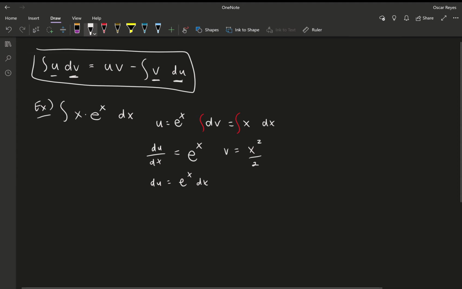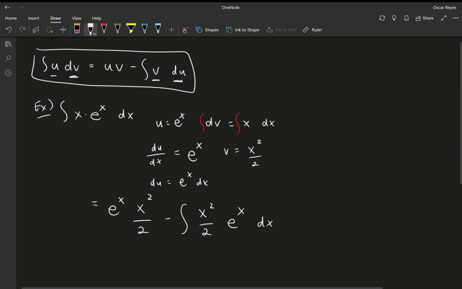If we put that into our formula, we have the whole thing equals u, which is e to the x, times v, which is x squared over 2, minus the integral of v, which is x squared over 2, du, and du is e to the x dx.